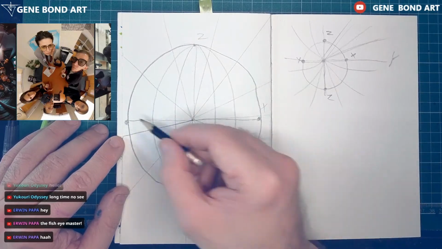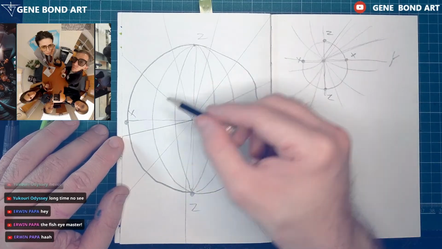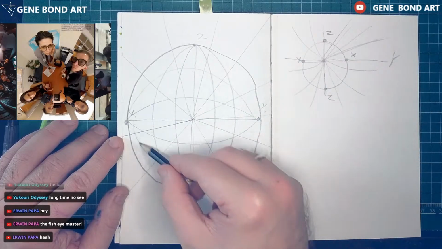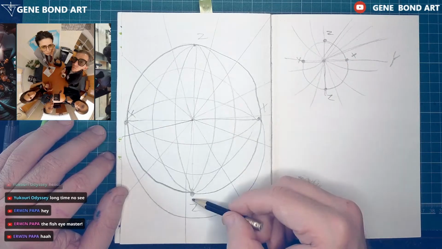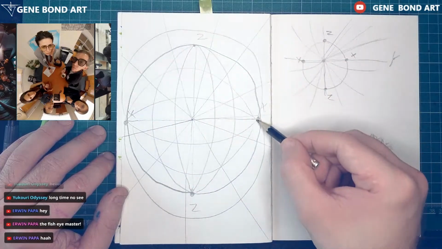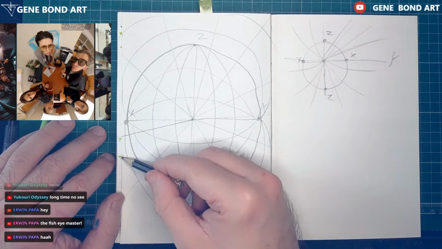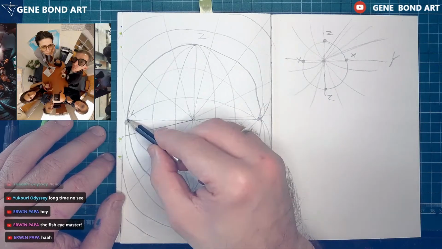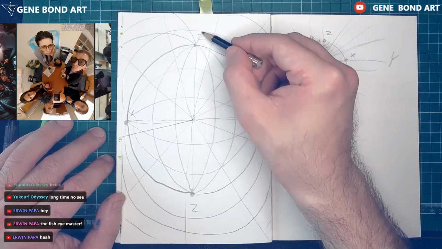So here we have X here, Z here. Then X goes here. Boom. Boom. And Z goes like this.